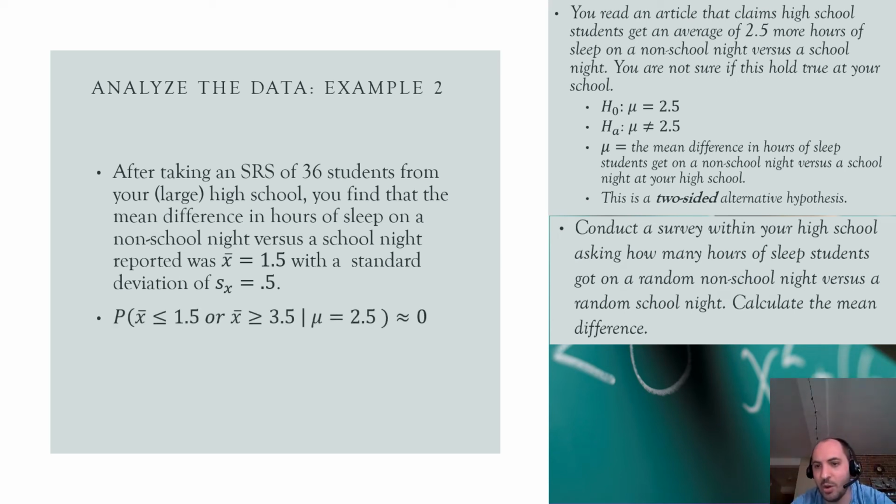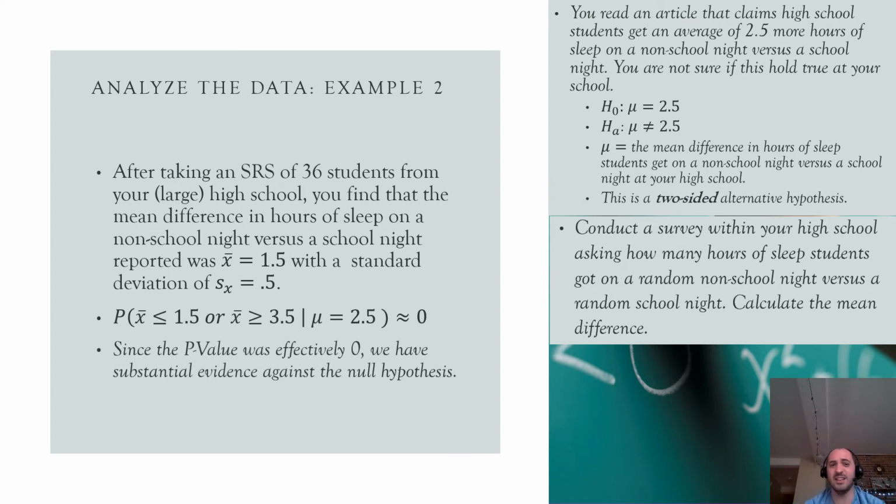And that p-value ends up being virtually 0%. Since the odds of us getting that value were so small, effectively 0, you have substantial evidence against the null hypothesis. The likelihood we get something that extreme or more extreme when we collect our sample data is not likely. So again, you would reject your null hypothesis and accept the alternative. The mean difference at your school is not 2.5 hours.